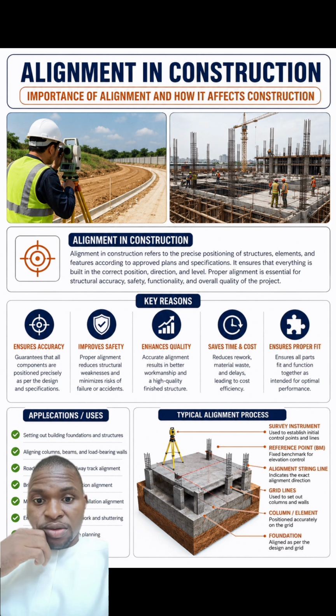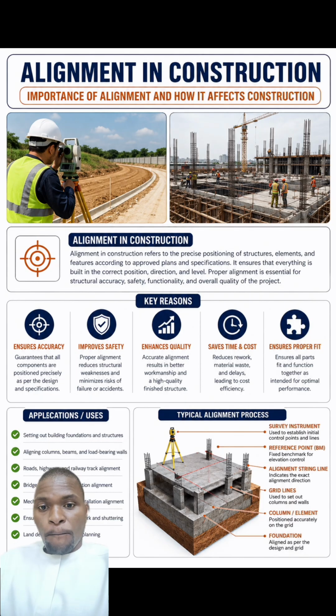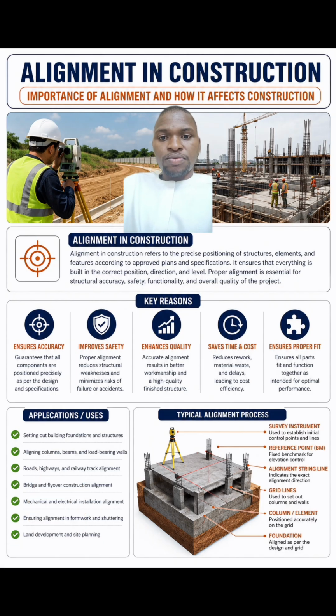So the next point we're looking at is ensures proper fit, right? It ensures all parts fit and function together as intended for optimal performance. So when you look at your structures, where your beam is joining to the column, where your column is joining to the foundation, where your slab is sitting on the beam, you understand, there should be that proper fitness of your structure.